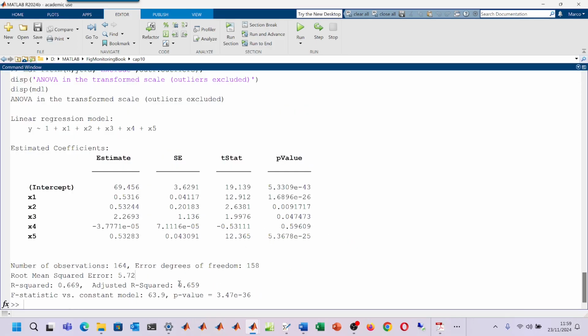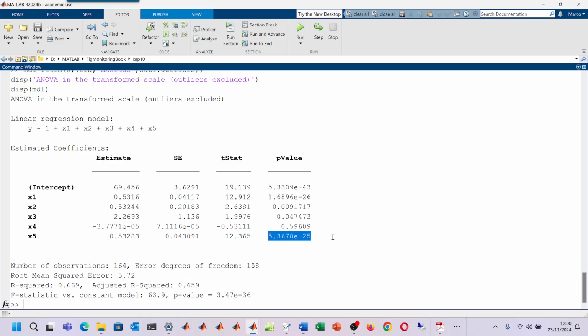Notice that now the value of the adjusted R-square has changed dramatically. Now the value of adjusted R-square is 0.66, and there are many more significant explanatory variables.